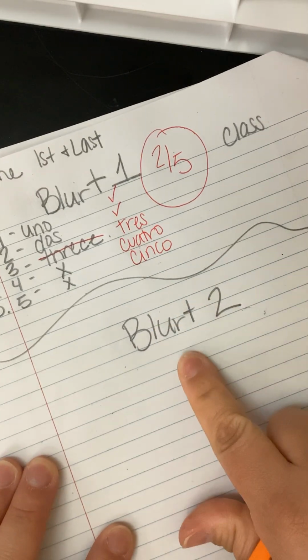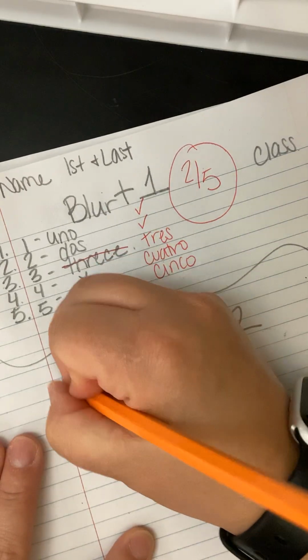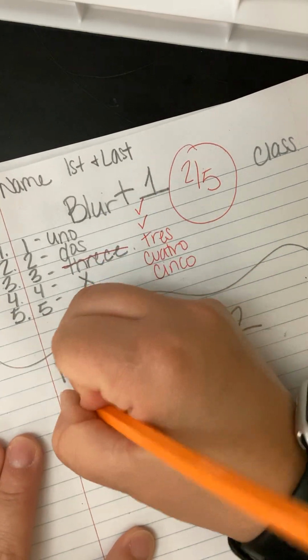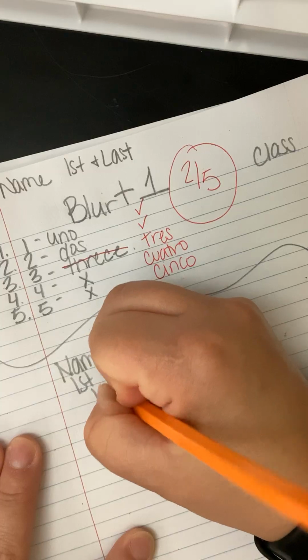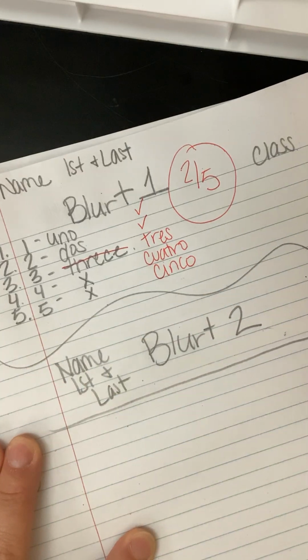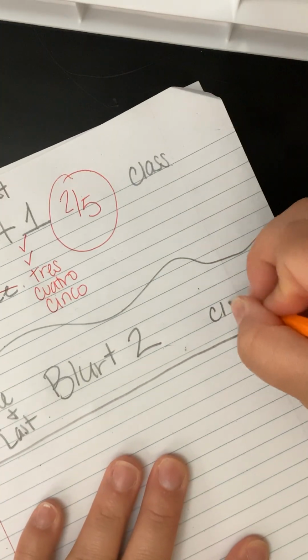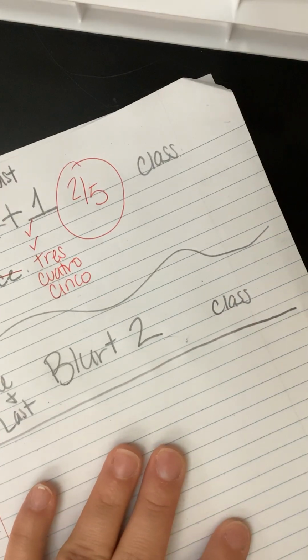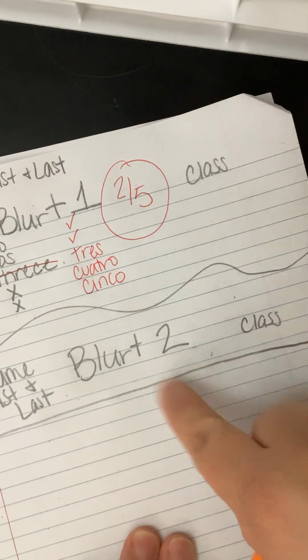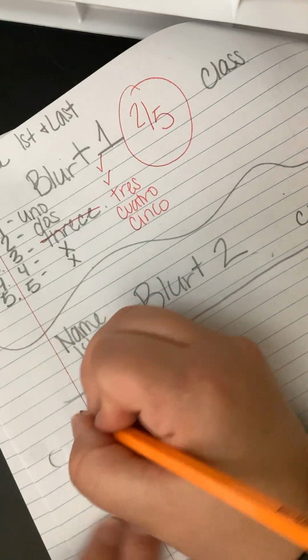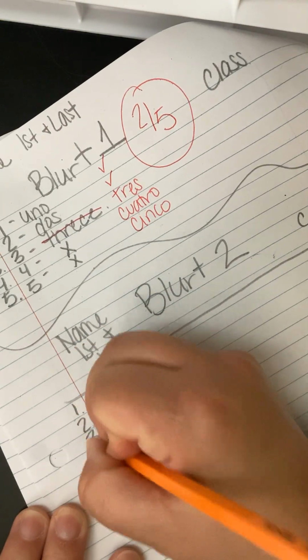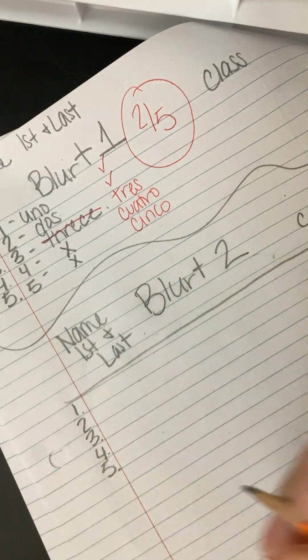This is my second attempt of the blurt. I have to put my name first and last. I also have to put my class. Okay? Remember, you cannot do it on the same page. Yours should be on the back. Then I number. And then I write my English.